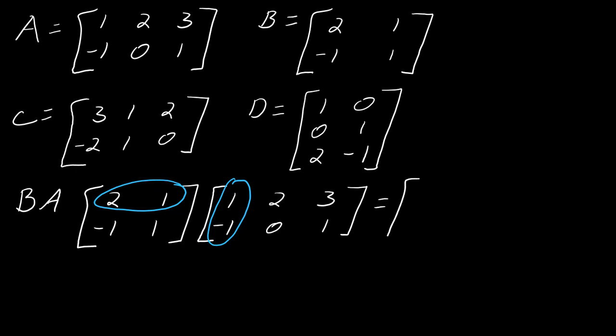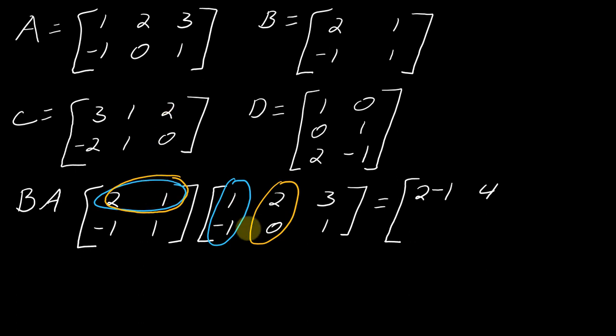So if I do that, let's write down what we're adding up together. I have 2 times 1, so that's going to be 2. And then 1 times -1, so that's really 2 minus 1. Now I've exhausted all of these entries by these entries. Next, I'm going to move down the line. I'm going to keep taking this row, but move to the next column. If I take 2 times 2, that's 4.